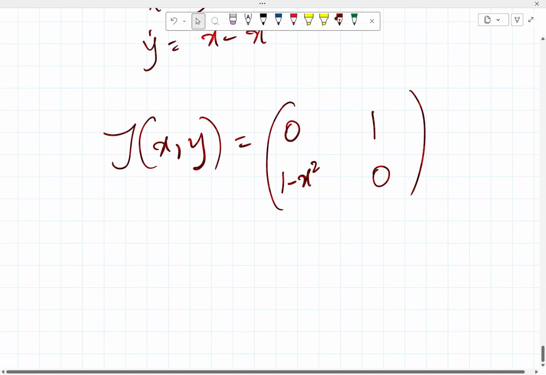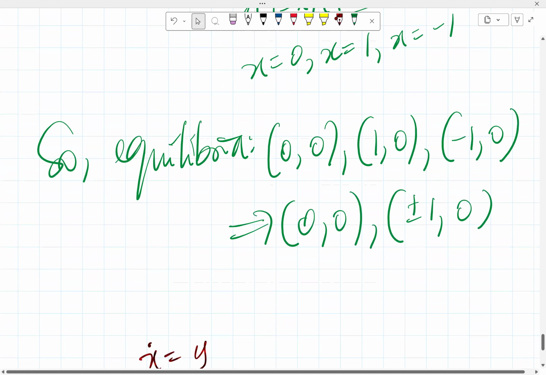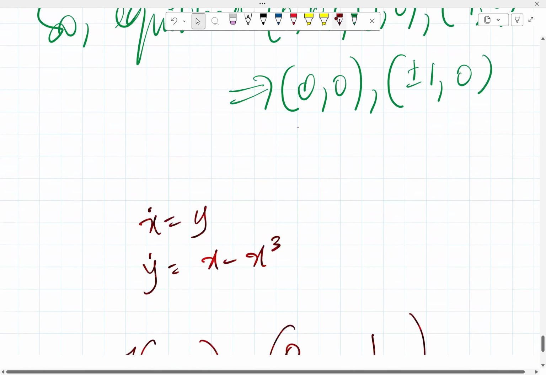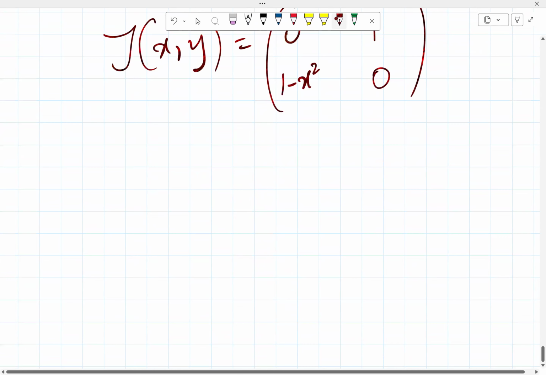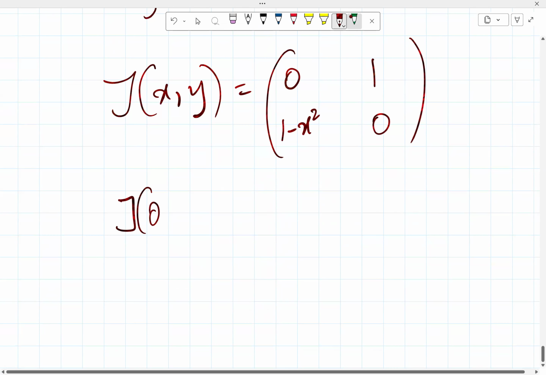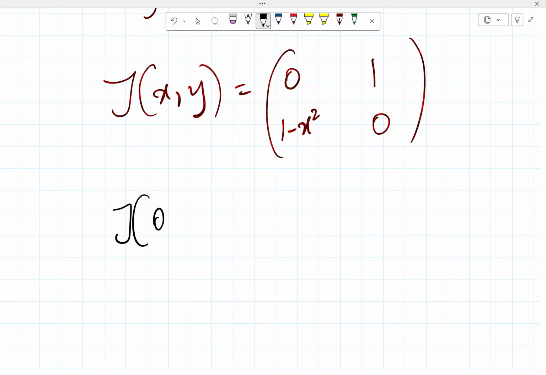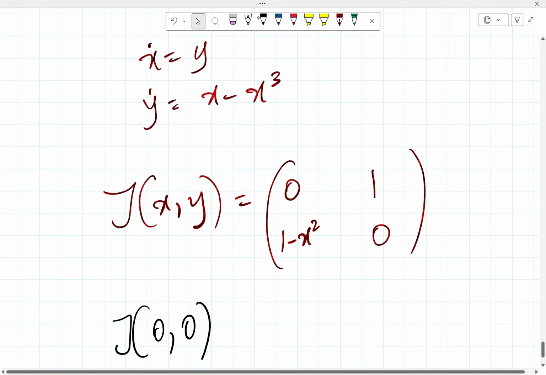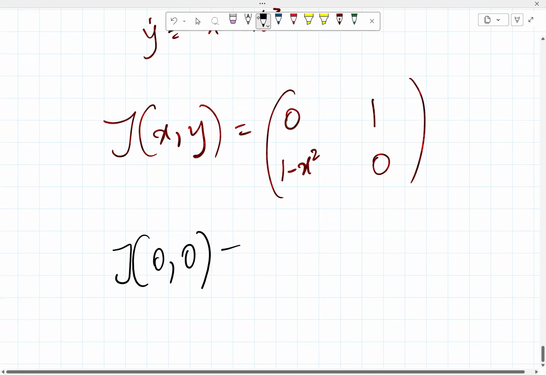So what do we do? You now have to evaluate this Jacobian for every equilibrium point, one after the other. So at J of 0, 0, that's the first equilibrium point, you have 0, 1, and if you put 0 here, you have 1, 0.